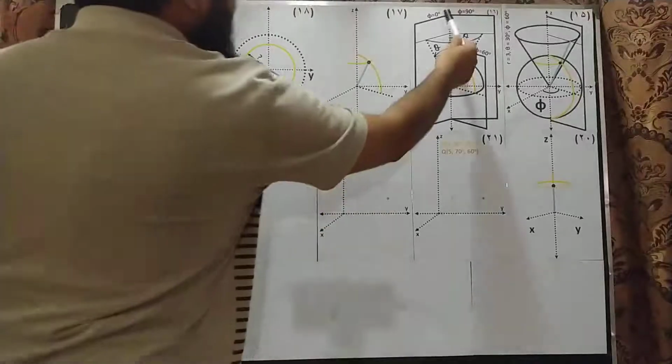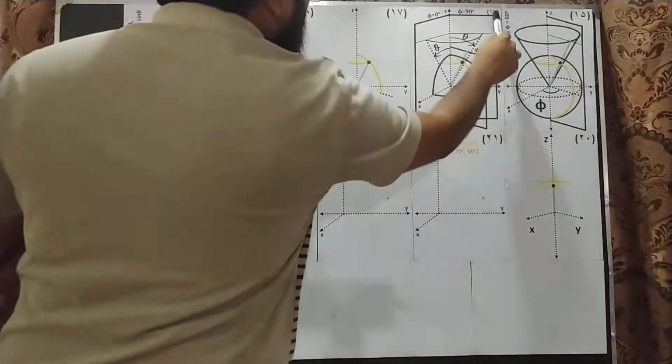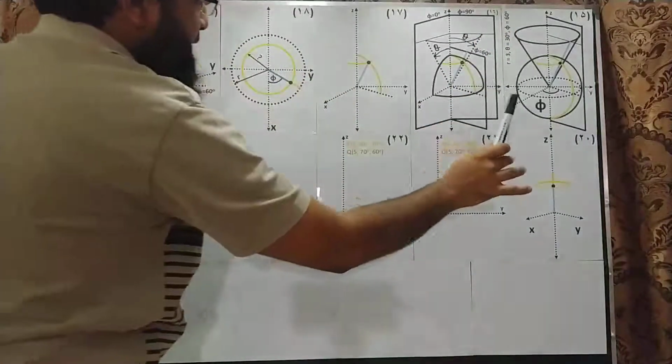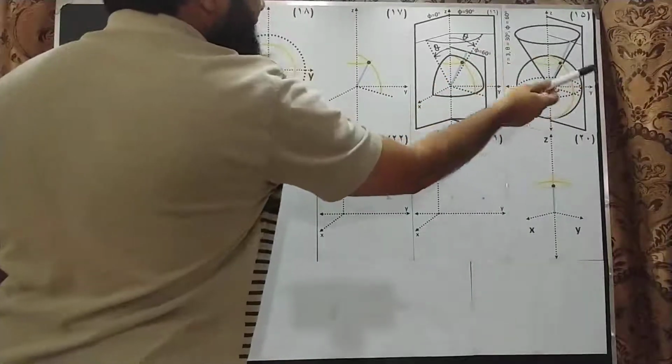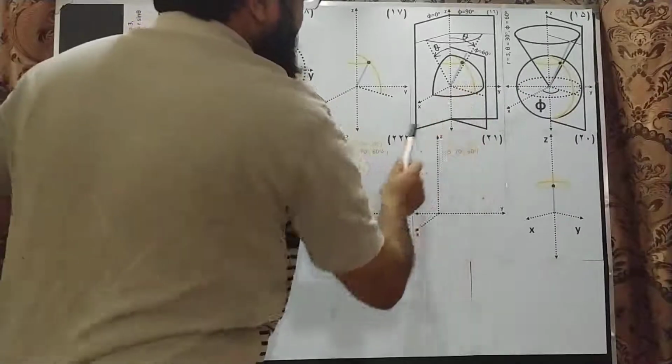All right, so phi equals to 0 radial plane is here, and phi equals to 90 radial plane is here, but we are interested in some other intermediate radial plane because we want this point in the first octant.